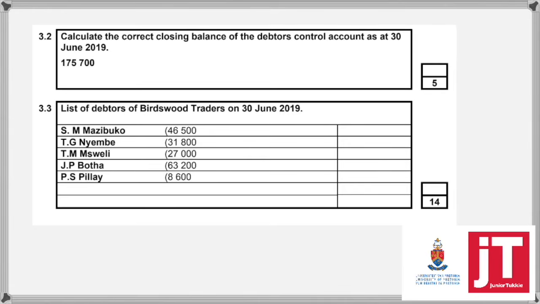So I'm not going to first complete 3.2 and then go and read through the transactions again to complete 3.3. So yes, it is 2 separate questions, but we use the same information to complete these questions. So make sure that you do a transaction and you make the changes at the same time.